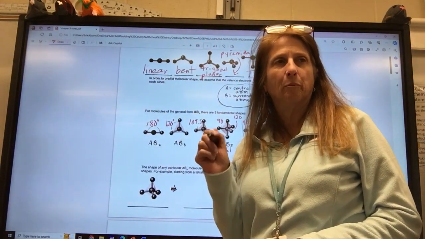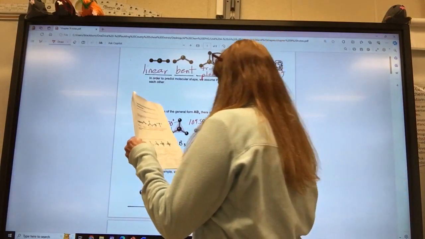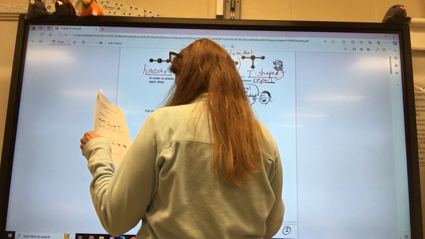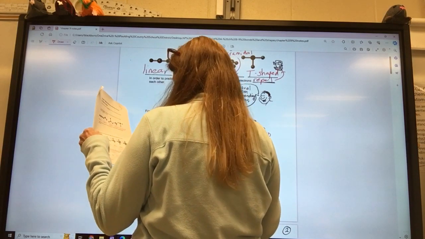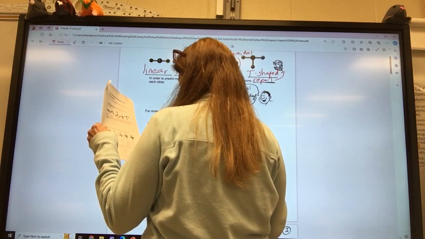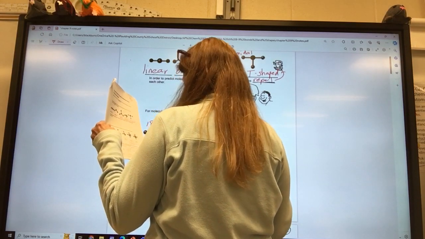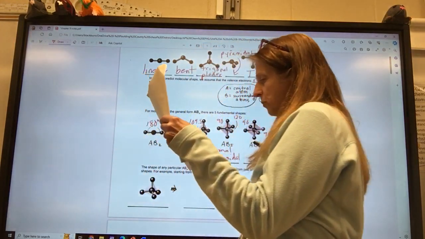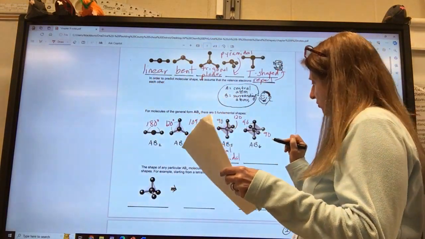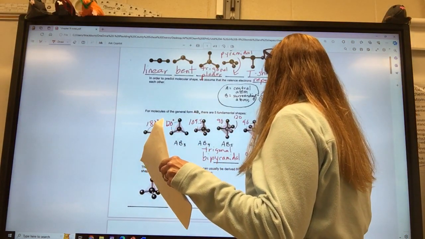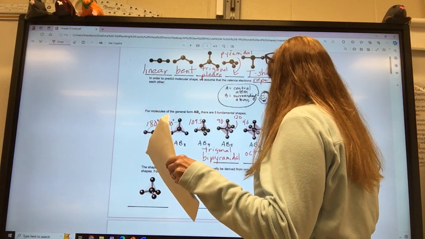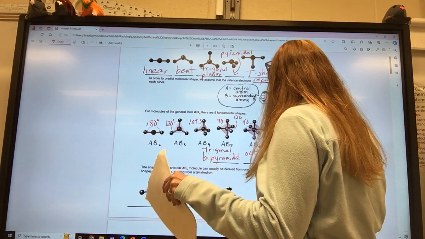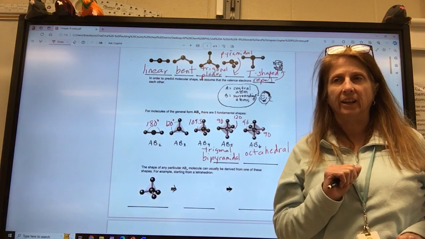That's what we do every chapter. And this one is called octahedral. It's like a tetrahedral, but it's an octahedral. So we got to learn 2 new things already.